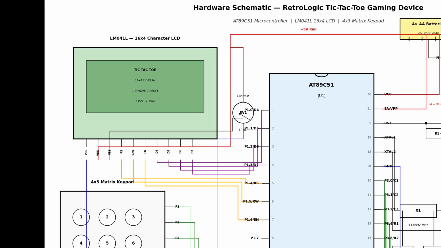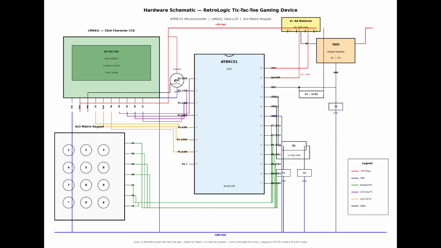The 16 by 4 LCD can display the full 3 by 3 game board with separators, the player's next turn, and status messages like X wins or draw, all at the same time. 7 segment displays cannot show alphabetic text at all, and an LED matrix needs 16 or more driver pins and a complex scanning routine.